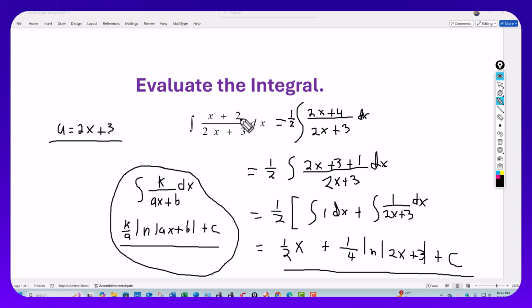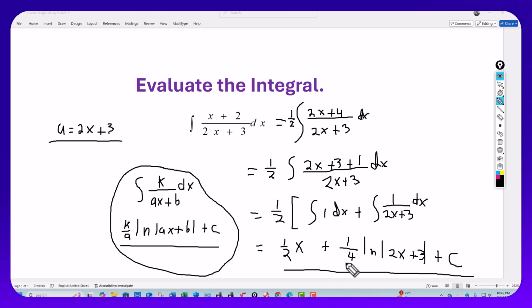Or if you use long division here, instead of doing what I did here and multiplying the numerator by 2 and then multiplying by 1/2, didn't change it. And then breaking it down this way, you do it long division, just like other problems that have been done, you should get the same answer.